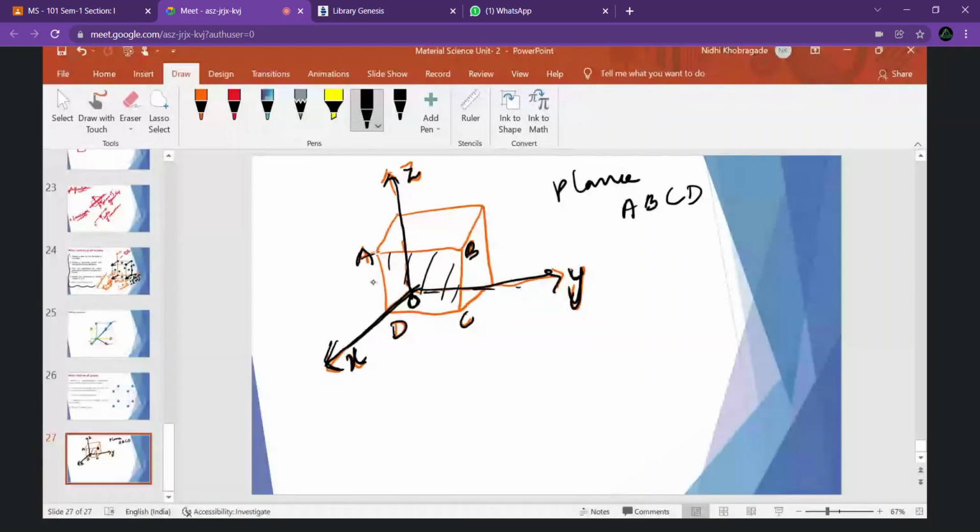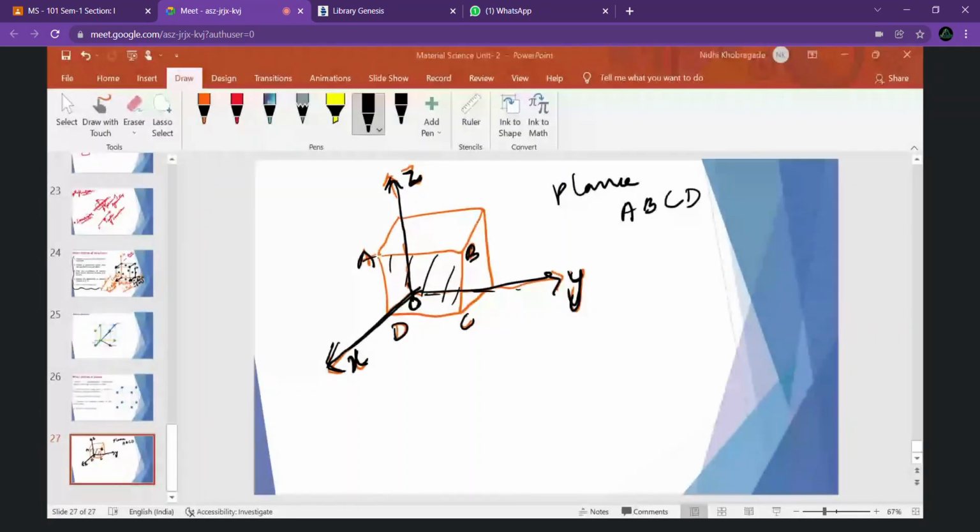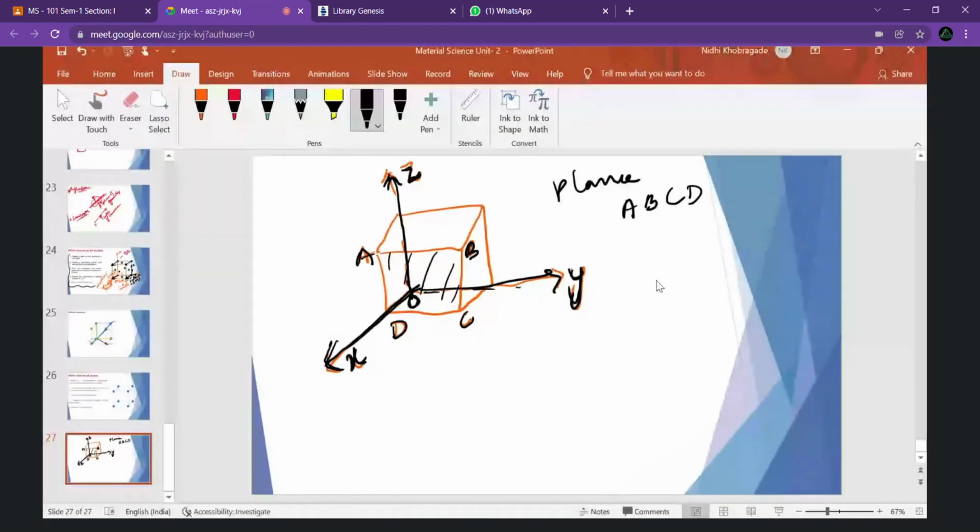Now we have to index this particular plane, that is the A, B, C, D plane. Here you can see that our origin is not lying on that particular plane. Our origin is lying on the back side of our crystal structure, the back side of our plane.